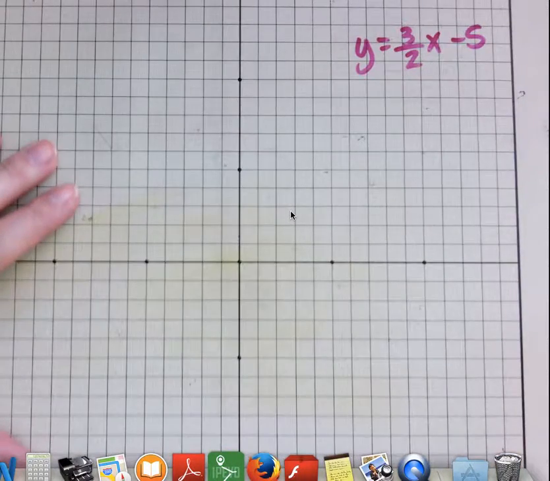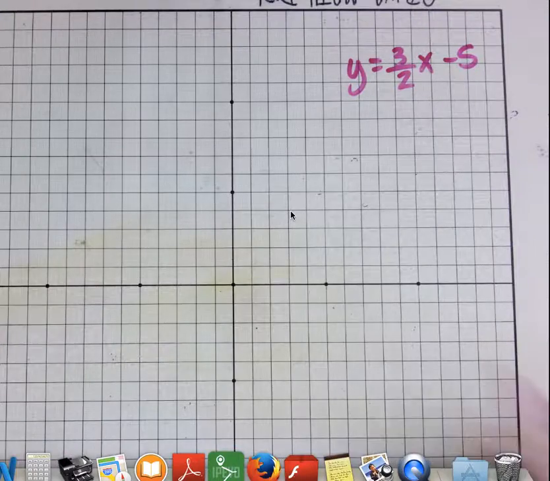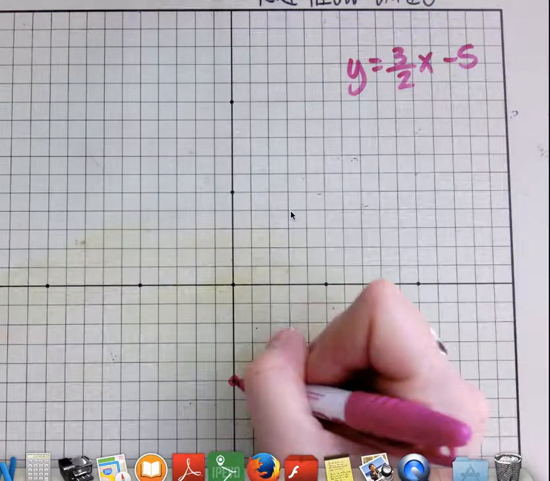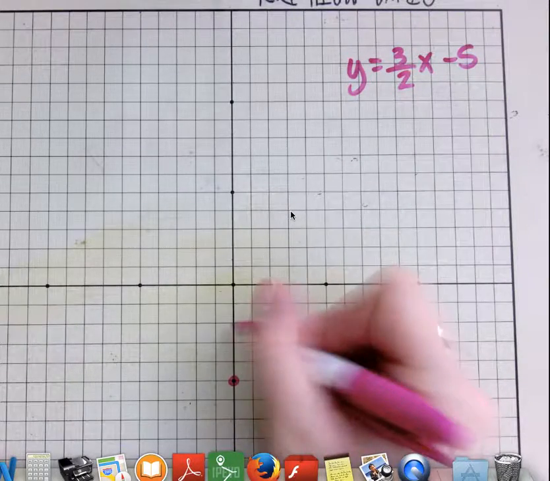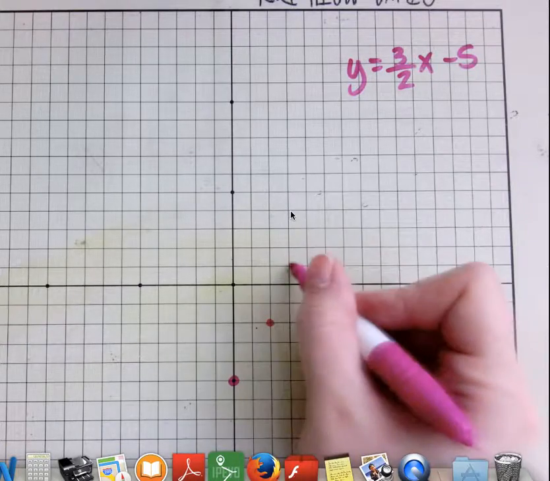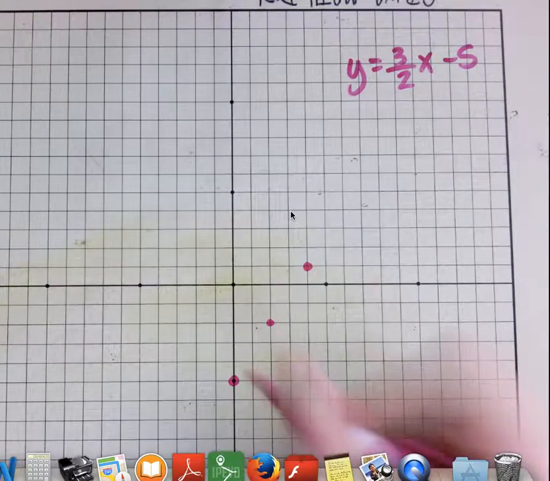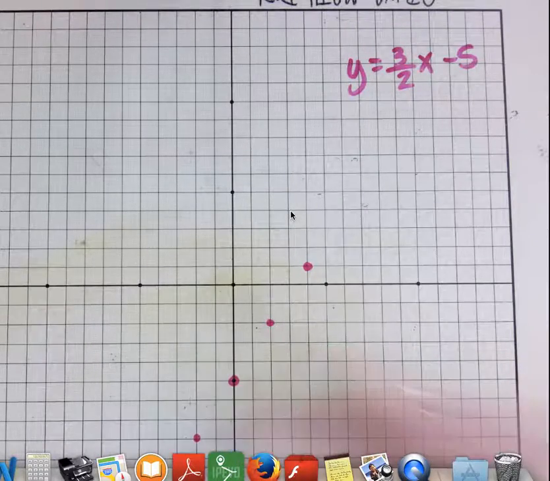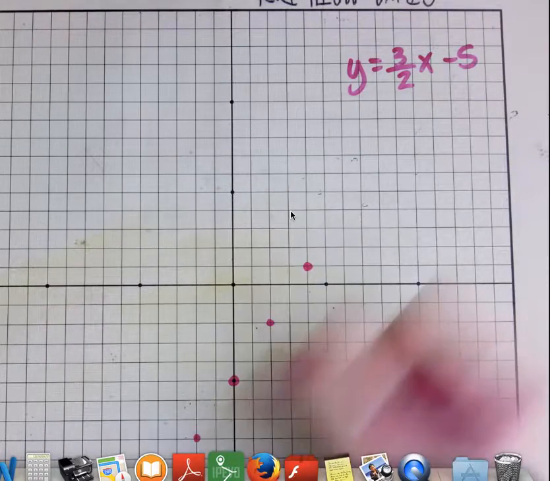So if I'm graphing, I start with my y-intercept of -5. So right down here. And then I use my slope and I go up 3 and over 2. I could also, if I went down 3 and to the left 2, that still gives me this positive slope.